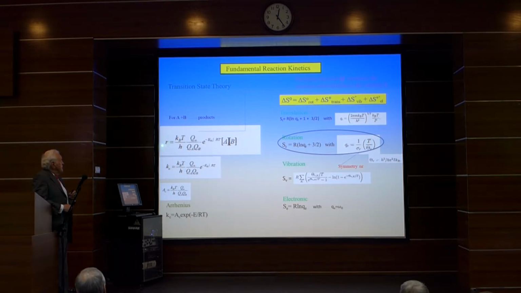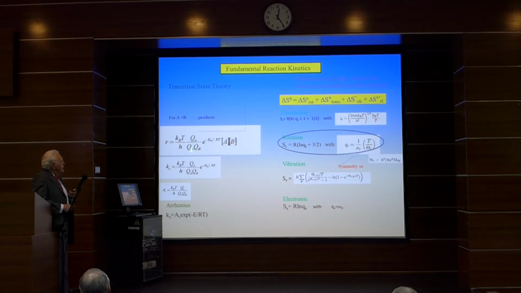In transition state theory, this is the rate equation. These are the partition functions that reflect the entropy of the step. These are the concentrations, of course, and that's the activation energy.